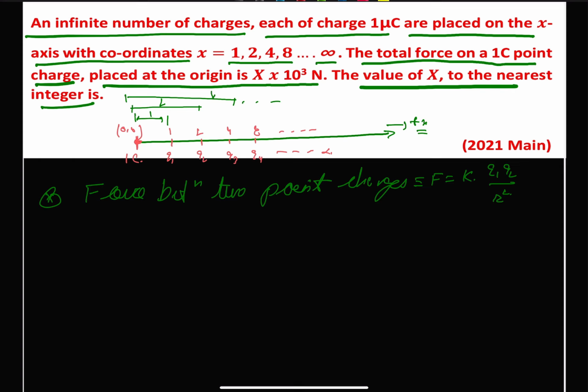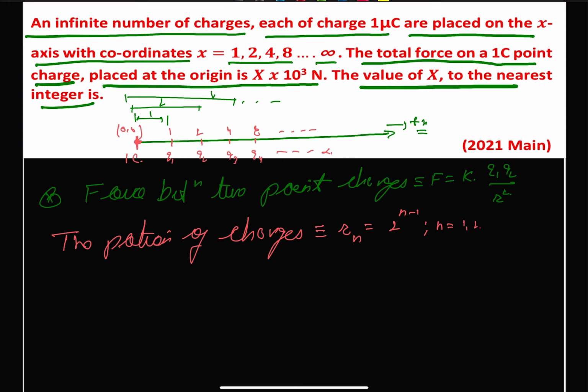The position of the distribution of charges, suppose R of n, because it goes up to infinity, will be equal to 2 raised to the power n minus 1, where the value of n will be 1, 2, 3 and so on.